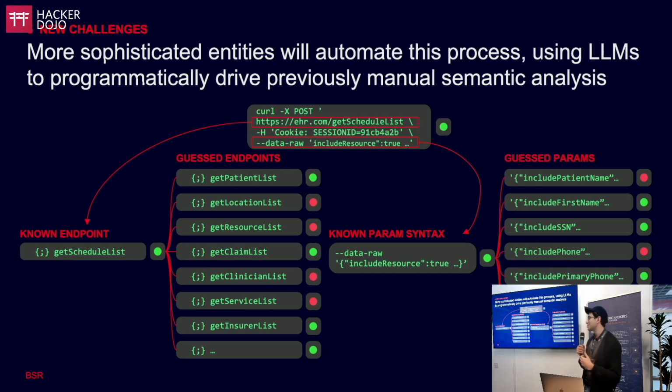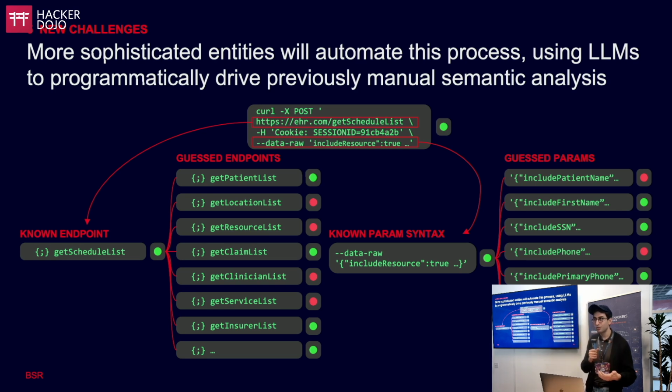A really simple example: let's say you use an LLM, you've filtered through all of these logs and found a particular call to an EHR endpoint called getScheduledList, and that returns the full schedule of all the practice's appointments for a particular date. Knowing that endpoint is a good starting point because you have a valid call. You can start to guess what other endpoints or variations on this call you could make to the servers and see which of them could return a valid response.